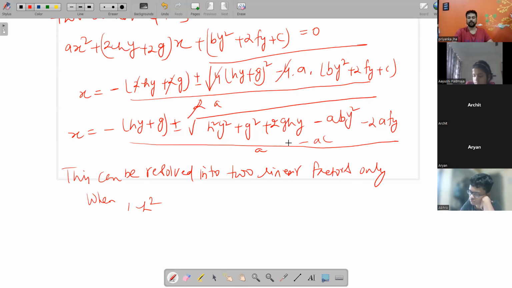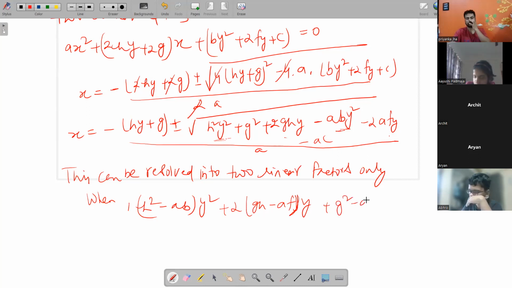That is h square minus ab into y square, plus 2 (gh minus af) y, plus g square minus ac.